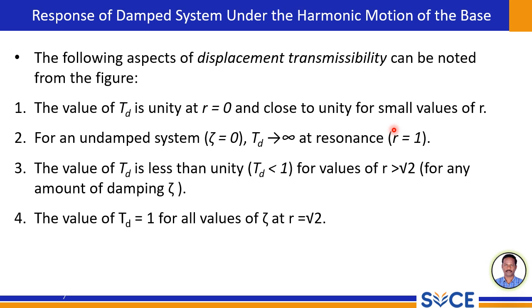The second observation is that for an undamped system, psi tends to 0, the transmissibility approaches infinity at resonance, where R is 1. This is a critical point in an ideal undamped system.